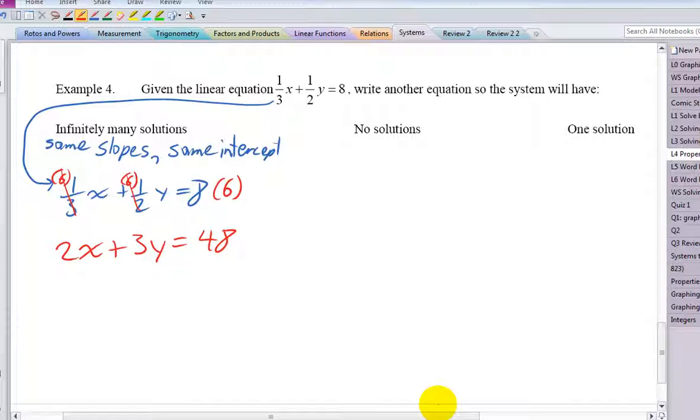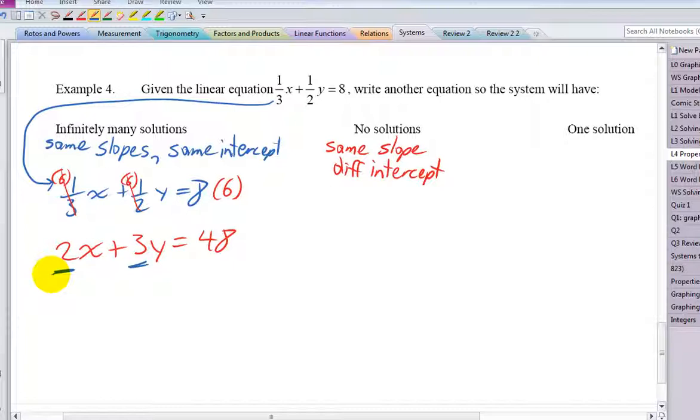What about no solutions? What kind of lines would have no solutions? Same slope, different intercept. Now what's unique is that the y value is part of your slope, but it's also part of your intercept. It can't change. The 2 is part of your slope. It can't change.